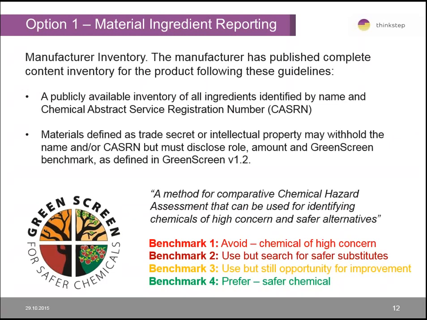This manufacturer inventory would take the ingredients in your product, and by ingredient, you would look at the CAS number, and any materials which have shown up by at least 0.1% in the material must be identified whether they have a Green Screen score or not, according to the standard version 1.2.